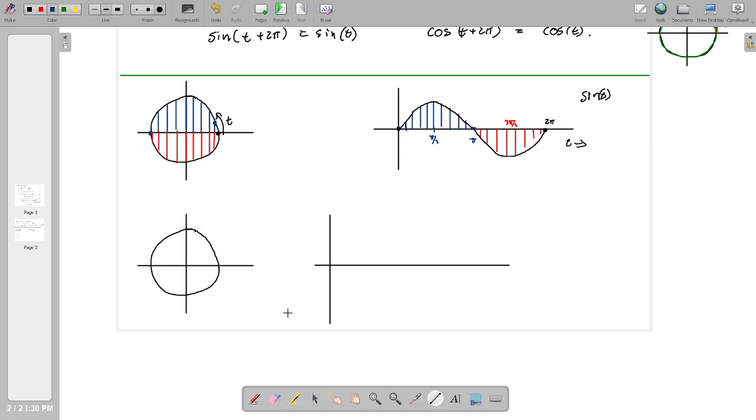We're going to take horizontal distances, and we're going to use those distances to estimate the cosine curve. So we have at 0, we start at 1. At the next t value, as we rotate around the unit circle, we're down a little bit. The next t value, down some more.